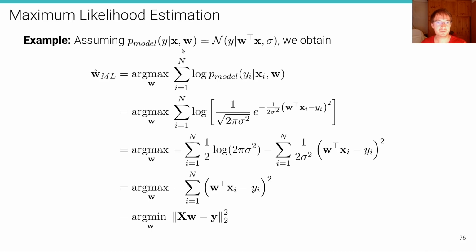If we now plug this into this maximum likelihood estimation expression from before, we obtain this equation here. This is simply the univariate Gaussian distribution. Now, taking the logarithm here, we obtain this expression. The logarithm of this simply cancels with the exponential. So we get this expression here, which remains.